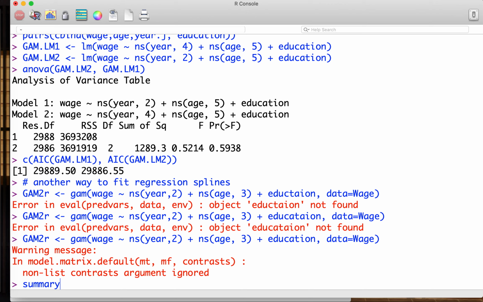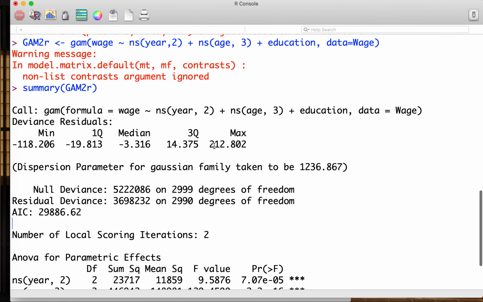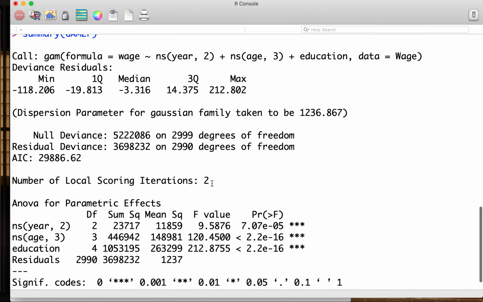This time we get the summary of this GAM function. You can see basically an ANOVA table. Compared with the model with only a constant, the second degree polynomial of year is significant with a p-value of 7 times 10 to the power negative 5, so it's very small. In addition to year, the third degree polynomial of age is also significant with a p-value almost 0.